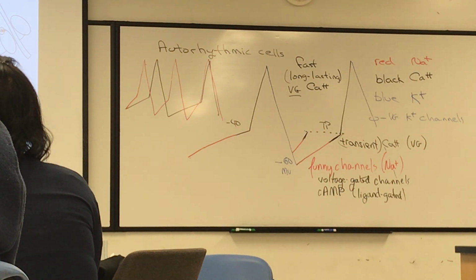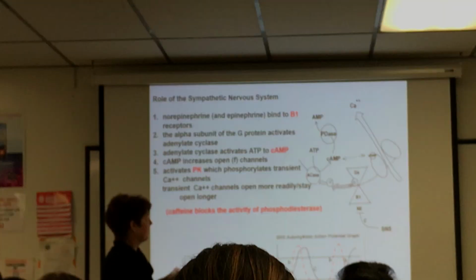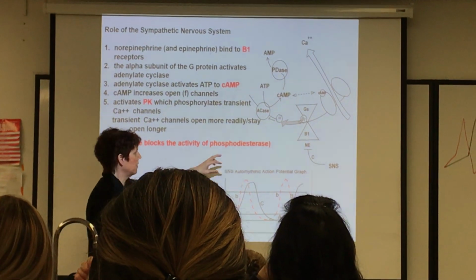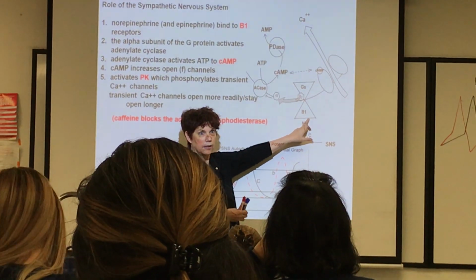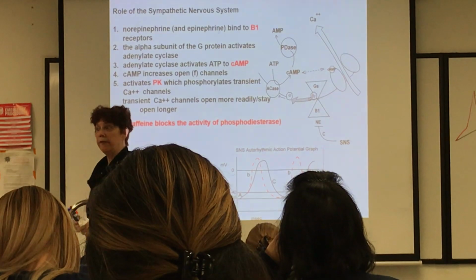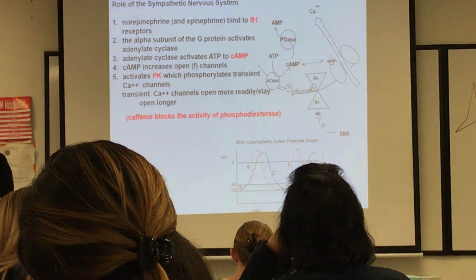So this diagram here kind of shows the same thing. I'll go over it with you because it's a little harder to understand than the previous diagram, but here's our beta 1 norepinephrine receptor. In the lungs, we also have norepinephrine, but we have beta 2.